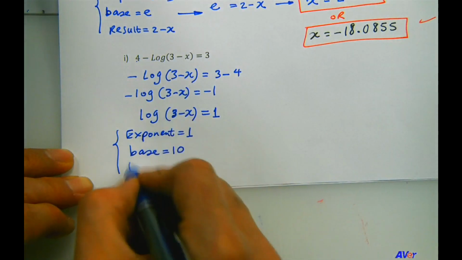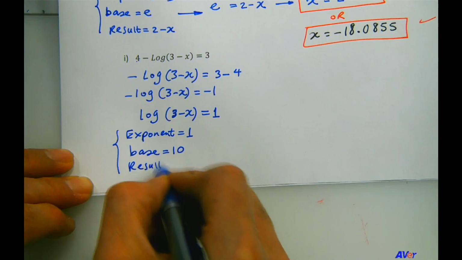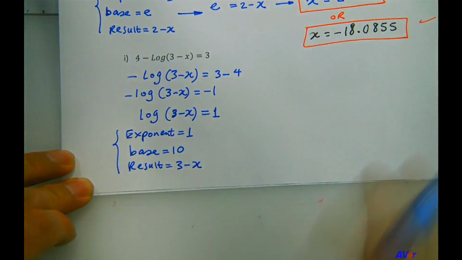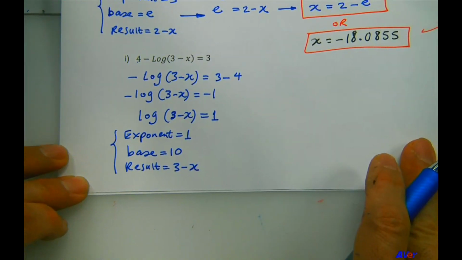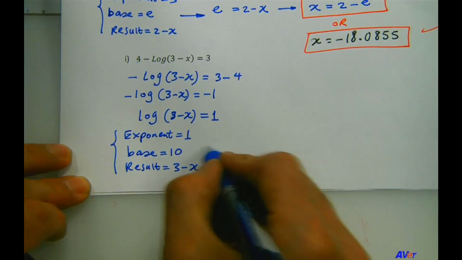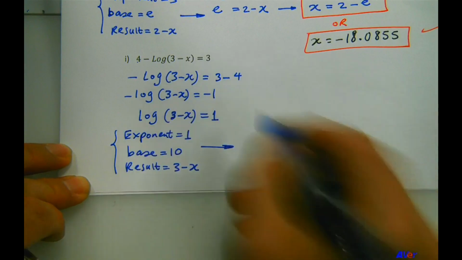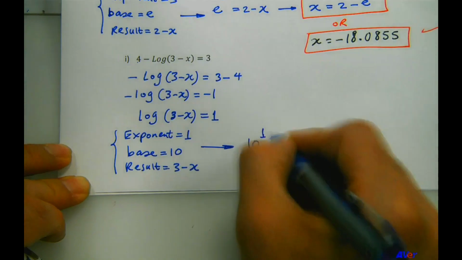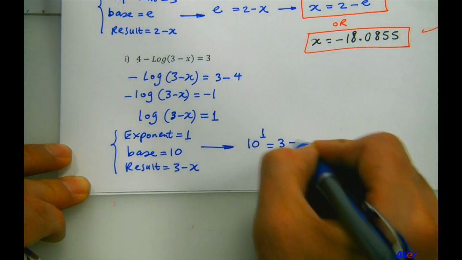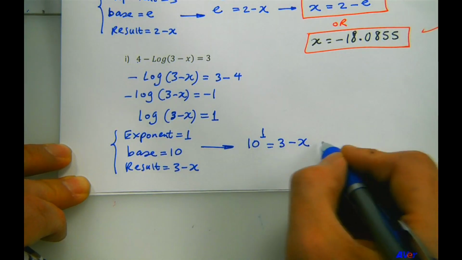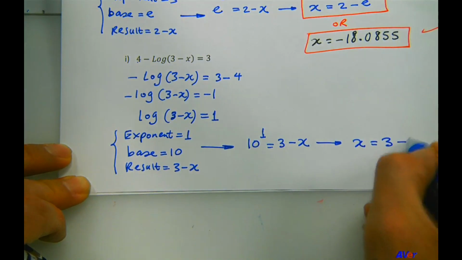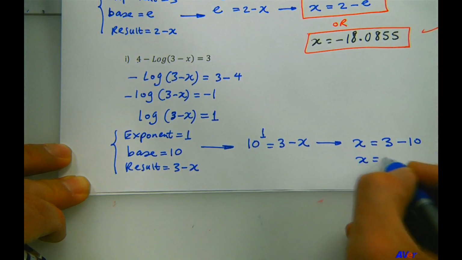And the result is, of course, 3 minus x. Right? Okay, so let's put it together in exponential form. The base is 10, the exponent is 1, equals 3 minus x. So let's solve this for x. We have x equals 3 minus 10, x equals minus 7.